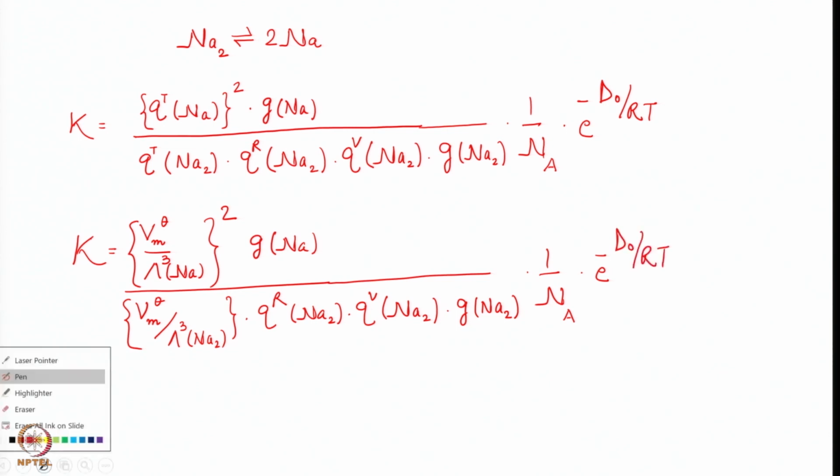Please note that I am writing here standard state conditions, because although I am not writing naught with all the Q's, it is understood that these are all the standard state quantities.